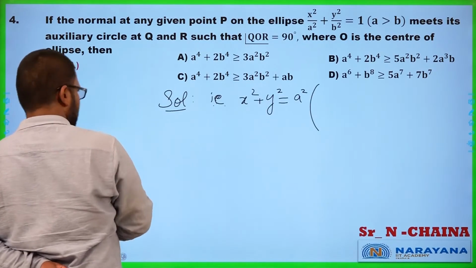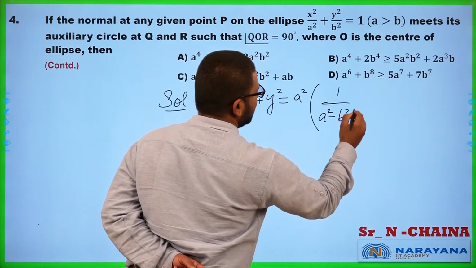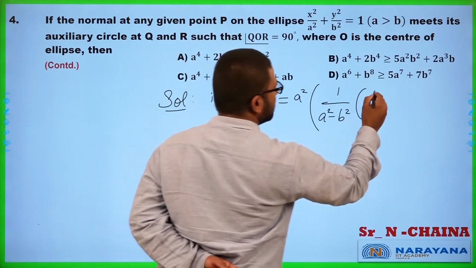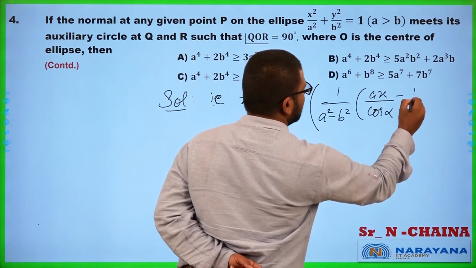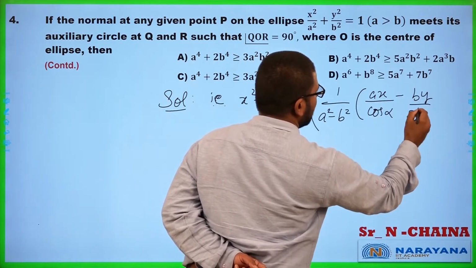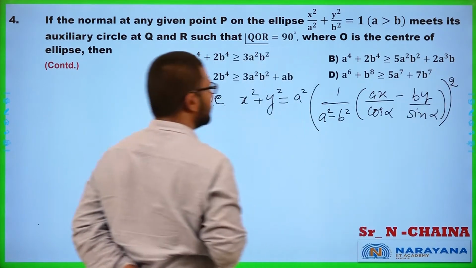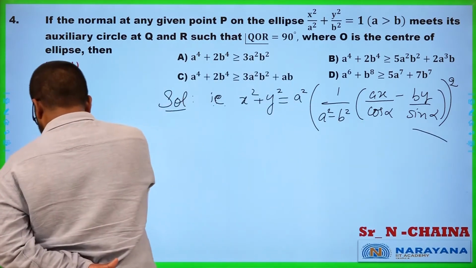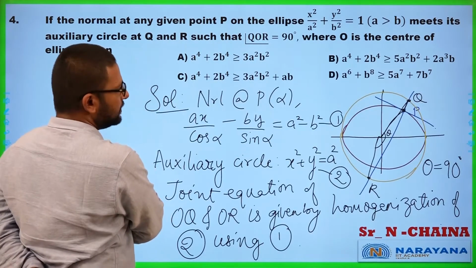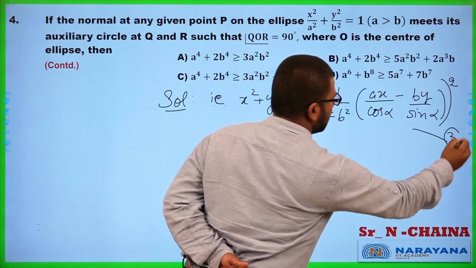So we will have 1 by a square minus b square into (ax by cos alpha minus by by sin alpha) the whole square. Correct? Yes. So now let us call this equation 3.